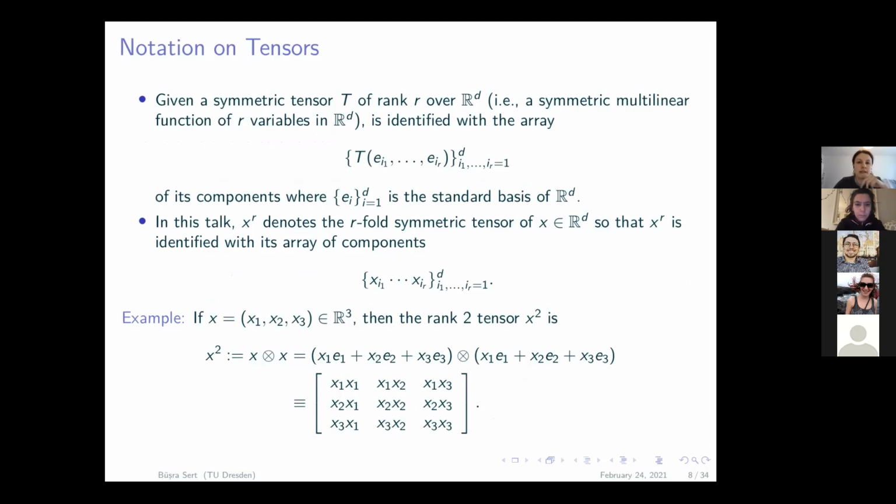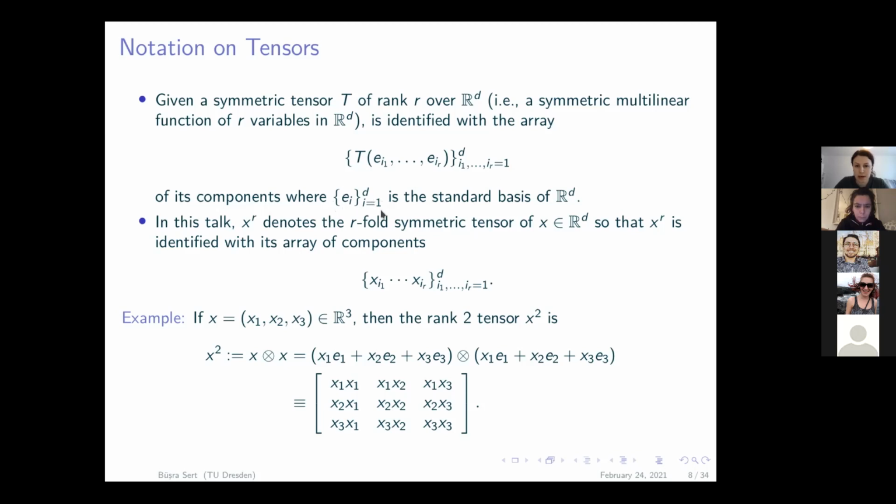So we said that it's a tensor valued generalization. I would like to give the notation we use in this talk. Given a symmetric tensor, we can identify it by this array. Here i goes from 1 to d, and when it ranges, we get different entries.